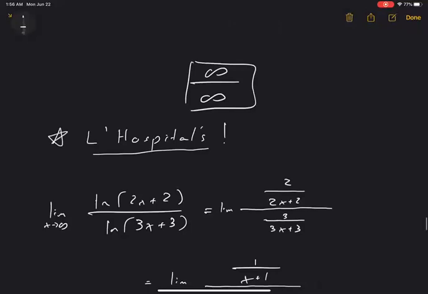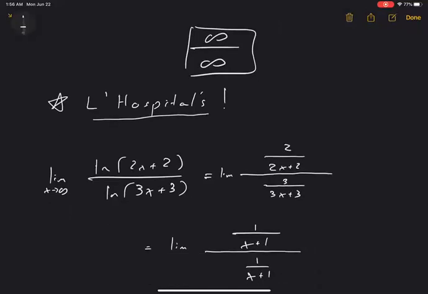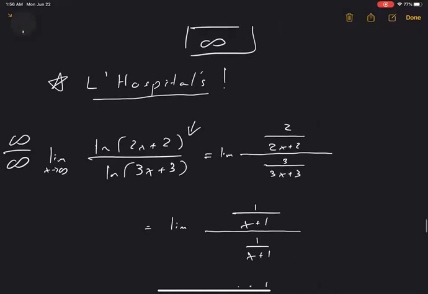So remember what L'Hopital's is. When I have this infinity over infinity case and I'm trying to find a limit, I can take the derivative of the top and bottom, and then simplify, and whatever that limit is, my original expression is going to have the same limit. So I have this fraction here.